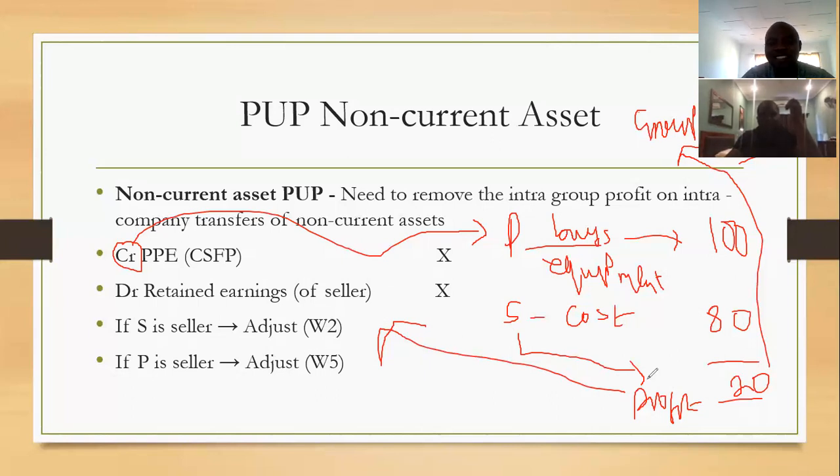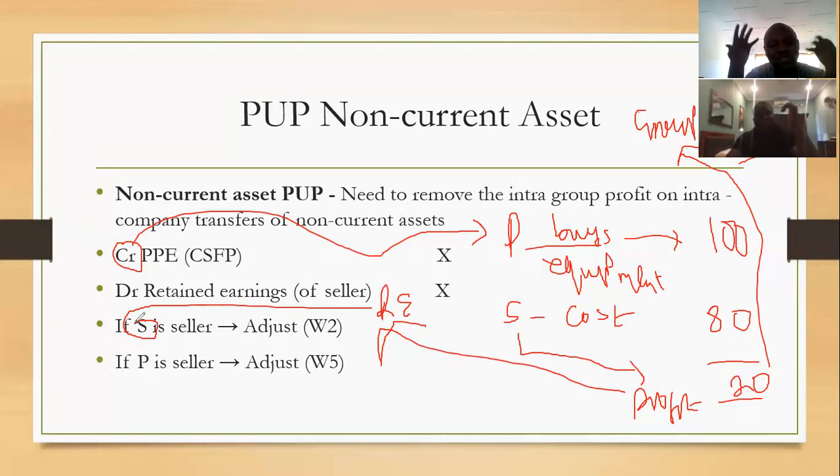So here it means that that 20 will definitely adjust the retained earnings for the subsidiary. If it was the subsidiary buying from the parent company, it would certainly be vice versa. I hope you understand this logic.